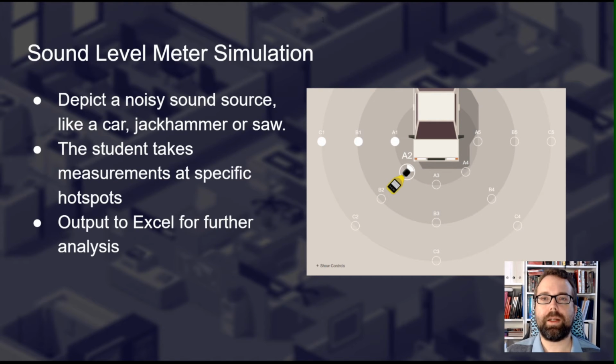Once complete, the students download the results as an Excel file, for which they do further analysis in the lab. And then they choose a different sound source and start over again. In the image on this slide, there is a car with a series of hotspots around it to take measurements. All those hotspots are at different angles and different distances. And a sound level meter is being shown to take a reading.